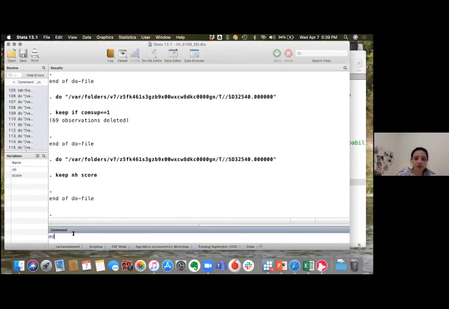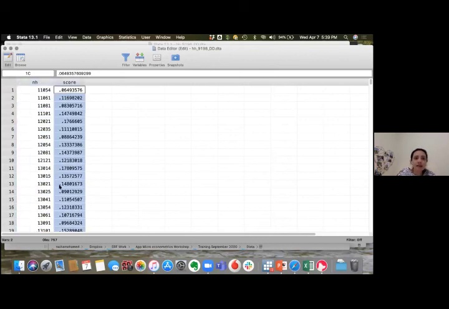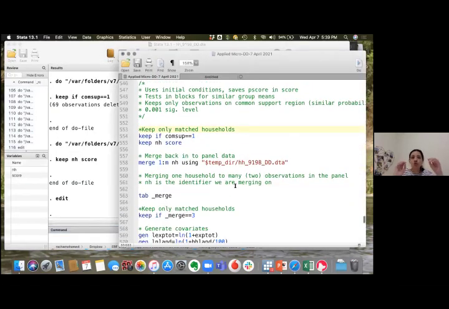So if I show it to you, here I have my households of interest that I know that I can match and their corresponding propensity score. Okay, so I use the data at year 90. I matched individuals together based on their observed characteristics. I create the score for each observation, and I keep only those who can be matched together.